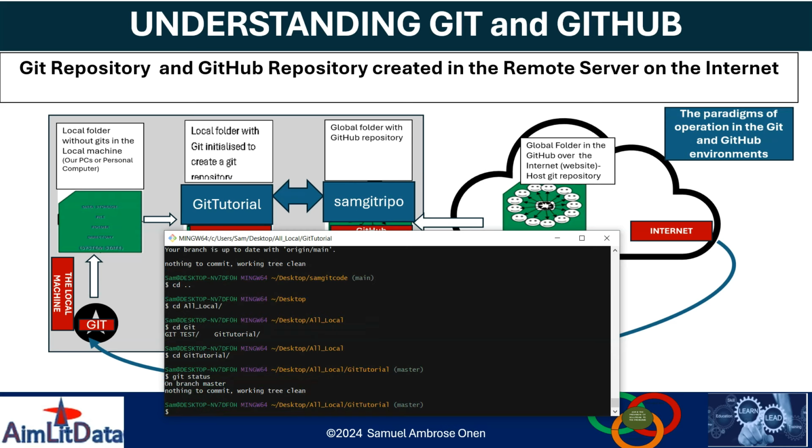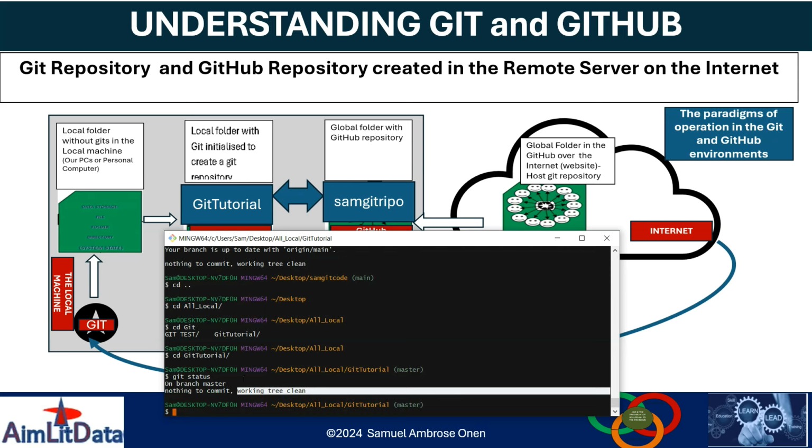You see, my friend, this Git is sitting on the local computer, and it says, okay, on branch master, nothing to commit, working tree directory clean.